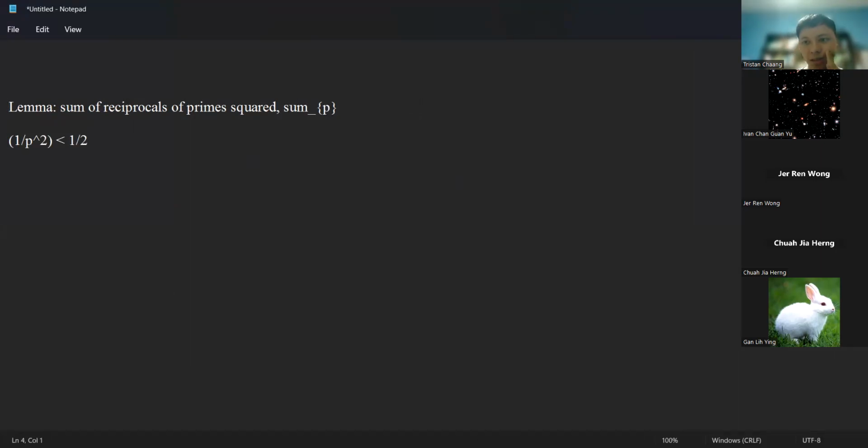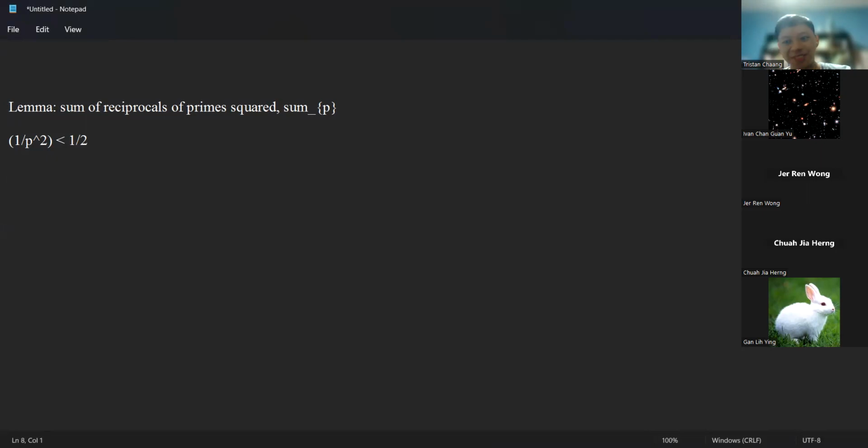Can anyone just prove it to me very quickly? The sum of reciprocals of primes squared is less than 1/2. Or does anyone have any idea how to prove this? Then we can skip a lot of steps.